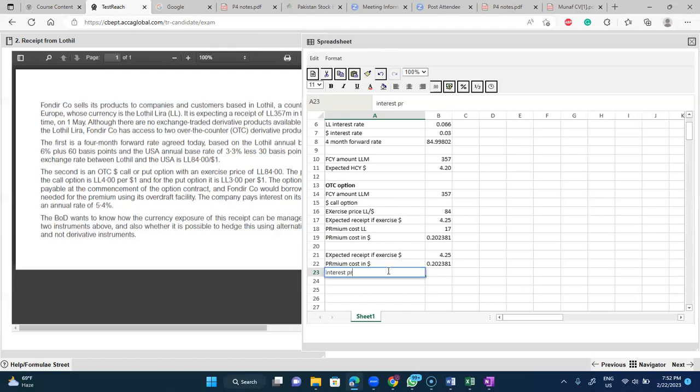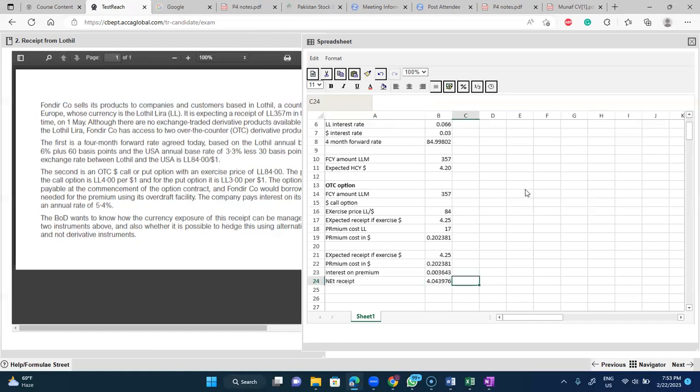Interest on premium into 5.4% into 4 by 12. So this is your income. This is your cost. This is also your cost. So 4.04 is your net receipt.